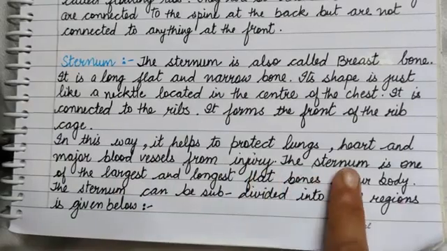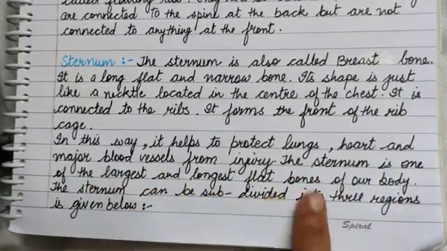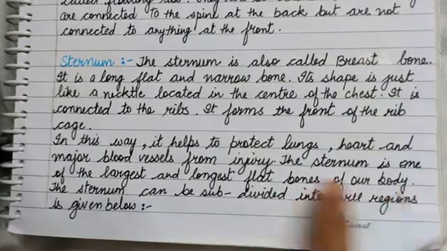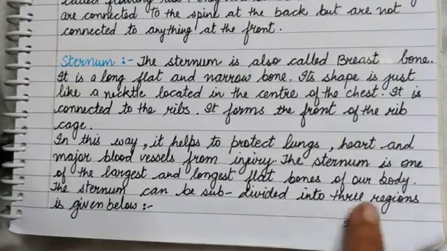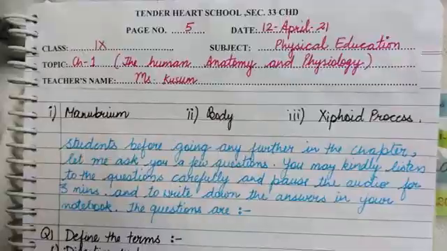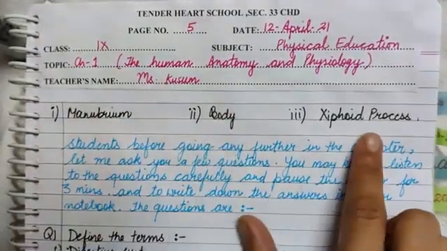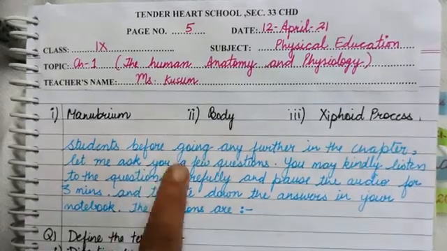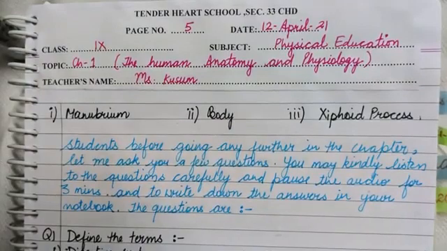The sternum is one of the largest and longest flat bones of the body. The sternum can be subdivided into 3 regions, given below: manubrium, body, and xiphoid process.